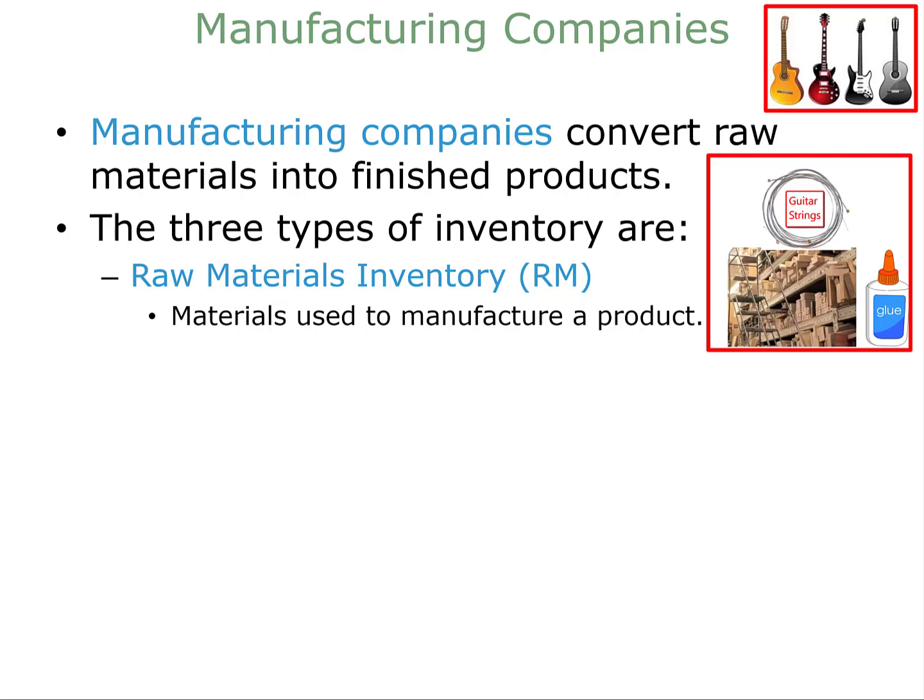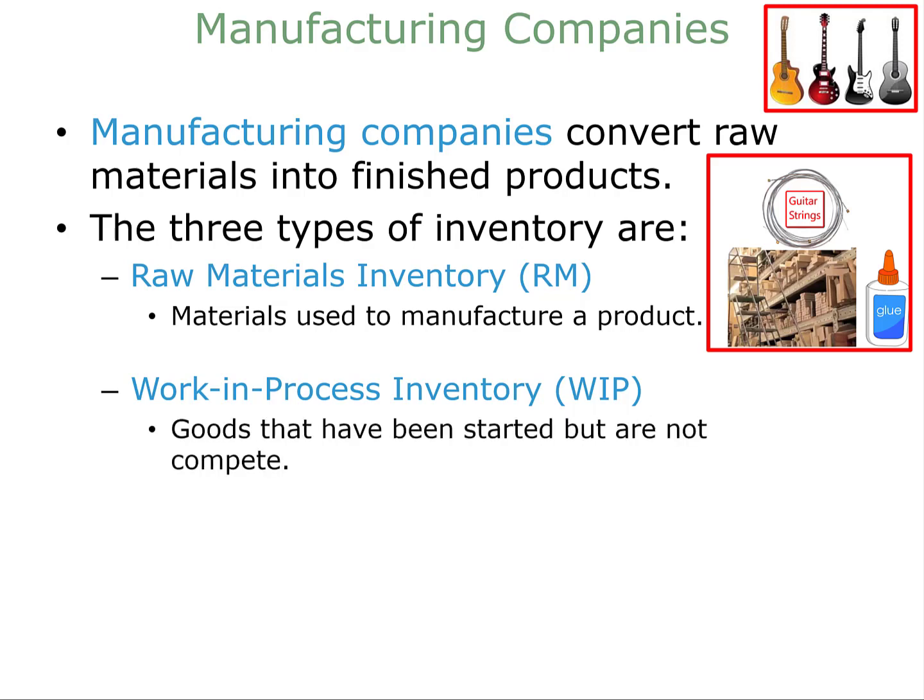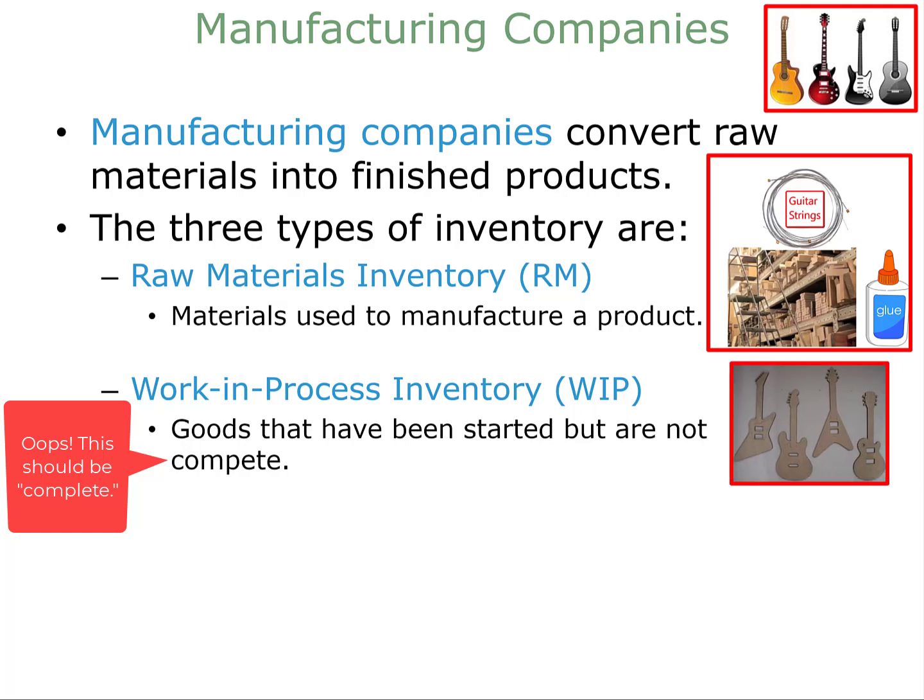So another inventory account that manufacturers have is called work in process inventory, often abbreviated as WIP. Work in process inventory consists of goods that have been started but are not yet complete. For our guitar manufacturer, it's simply the guitars that have been started but not yet complete.